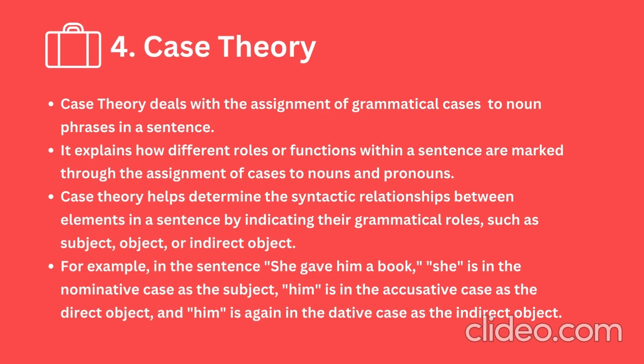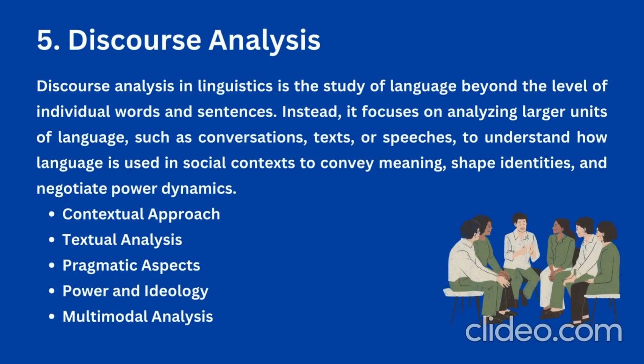And so these government theory, binding theory, and case theory are like guides to understanding how words work together in sentences. They help us figure out who is in charge or how words connect and what are the roles they play. Okay. Next, we move on to the fifth concept, discourse analysis.